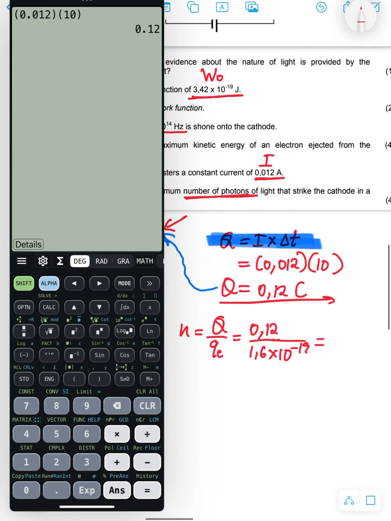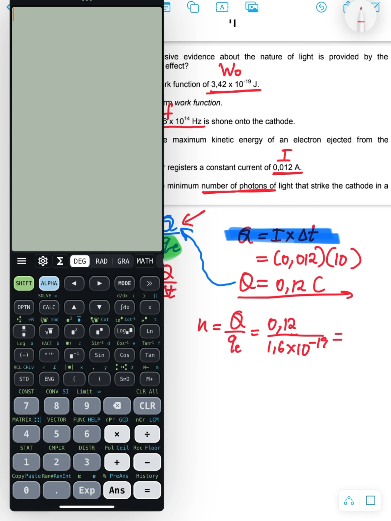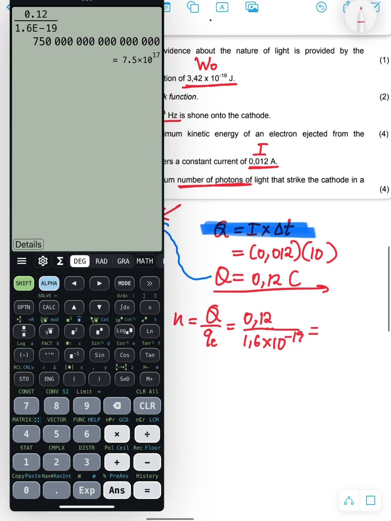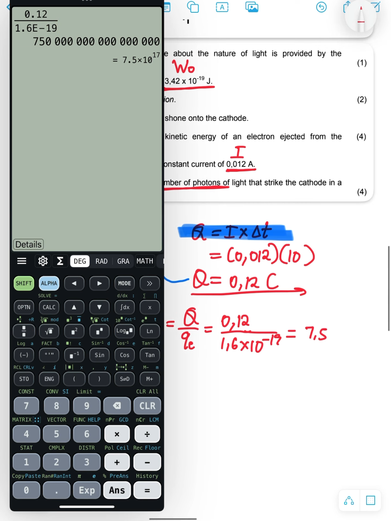Let's calculate. 0.12 divided by 1.6 times 10 to the power of negative 19 gives you 7.5 times 10 to the power of positive 17.